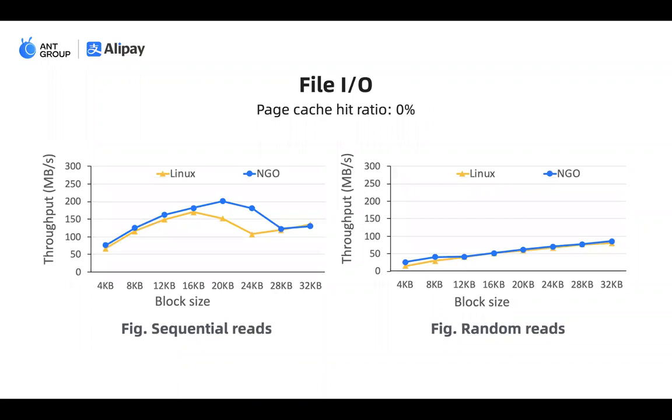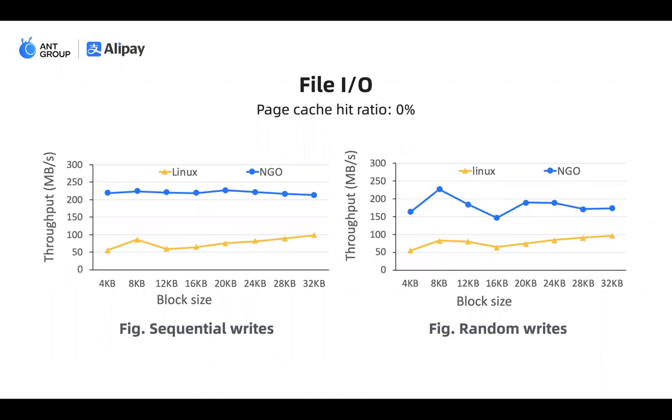And when the page cache hit rate is 0 or close to 0, this is when I/O really happens. This is when you have to reach to the disk to complete the I/O request. As you can see, the blue line of NGO and the yellow line of Linux are quite close, even in this case.